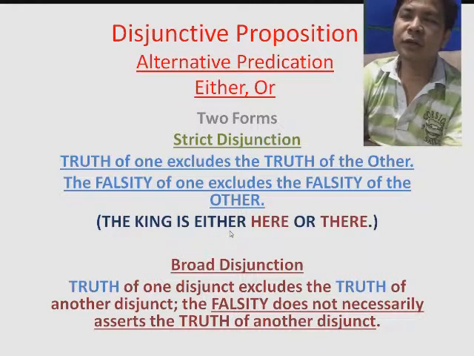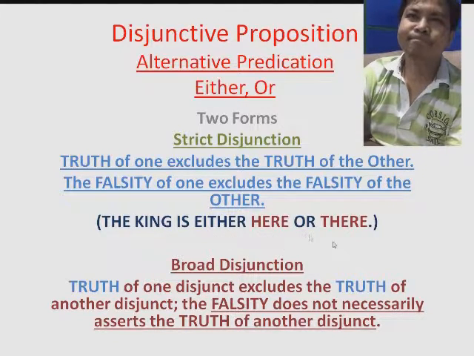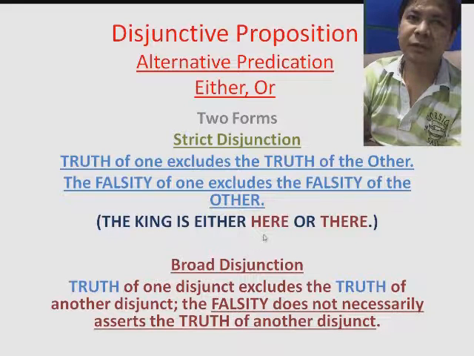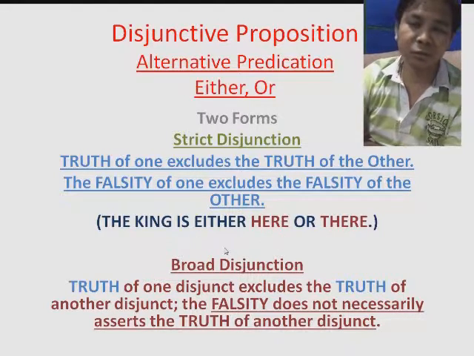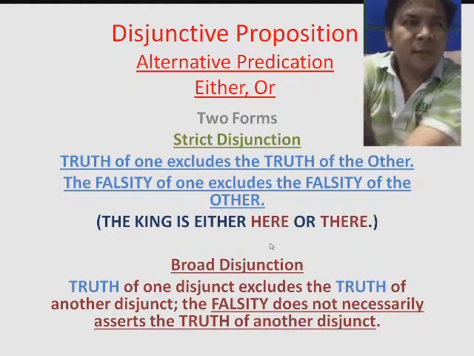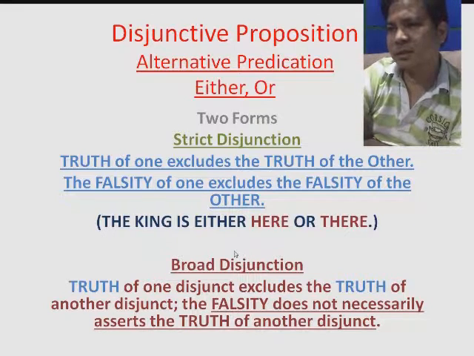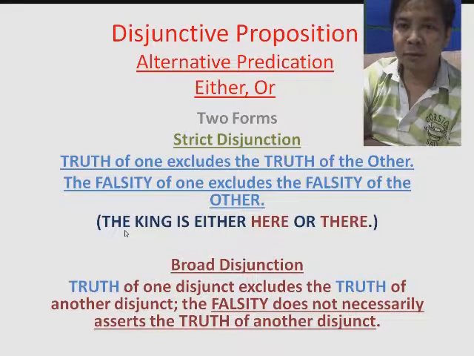Meaning to say, if you say the king is either here or there. So if the king is here, the king is not there. If the king is there, the king is not here. So the relationship is governed by the rules of contradiction.